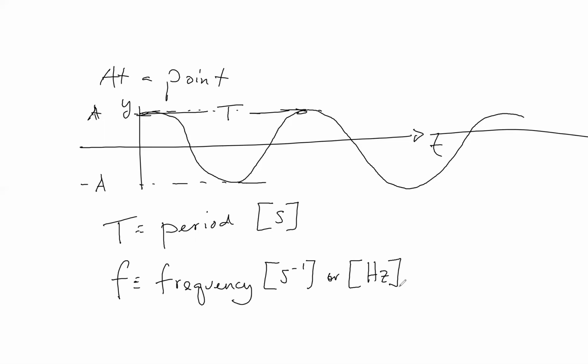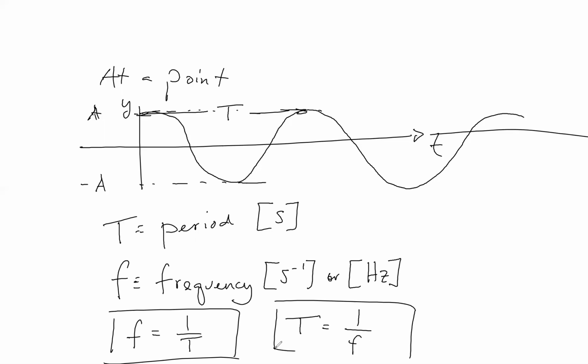Importantly, I see a relationship between the frequency and the period, which is f is just equal to 1 over T. And if that's true, a little bit of algebra will convince me that the period is just equal to 1 over the frequency. You'll use each of these when you look at different problems.